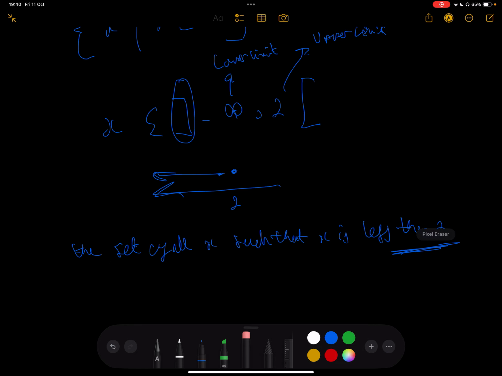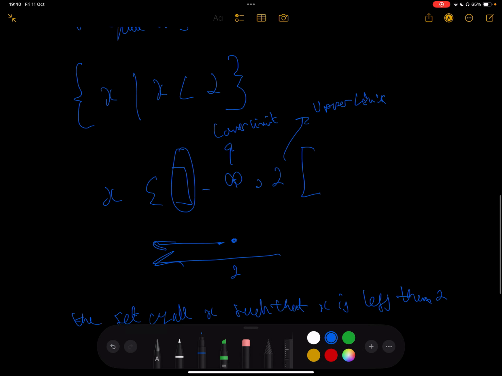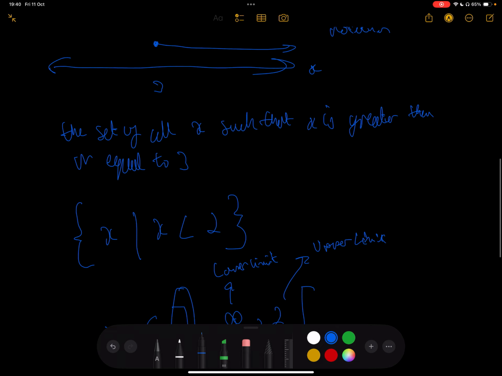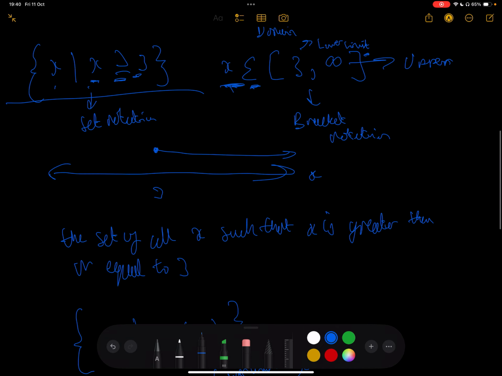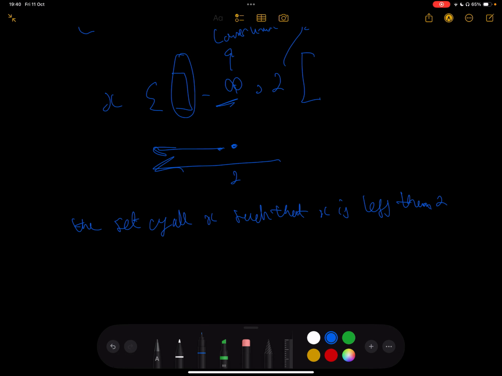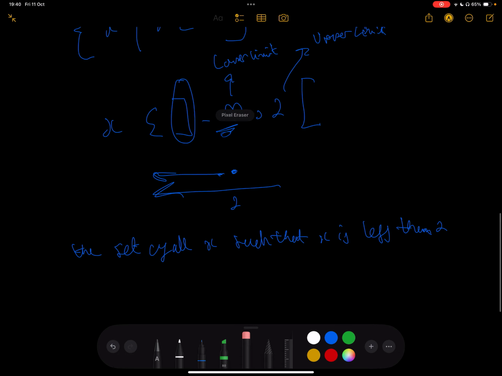There's nothing saying that there's a certain number that x has to be greater than. Therefore, we just assume that it's negative infinity, as it's not stated in this function that x has a defined lower limit. Like in the other one, we can see that x is greater than or equal to 3. So we just write negative infinity, as x can take any value less than 2.